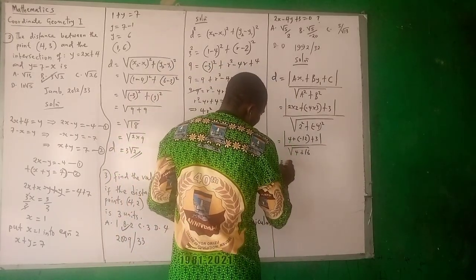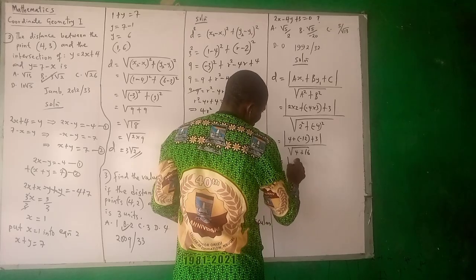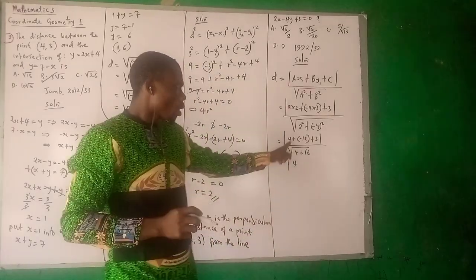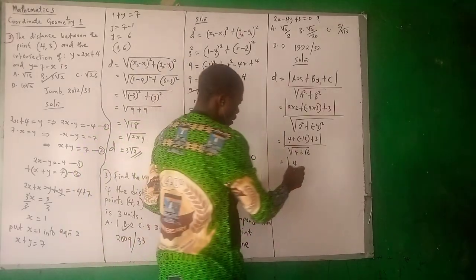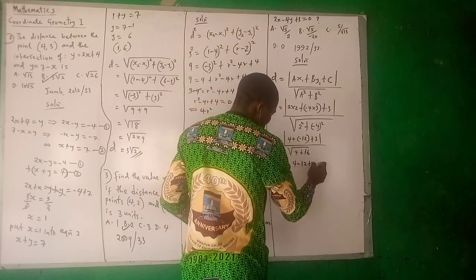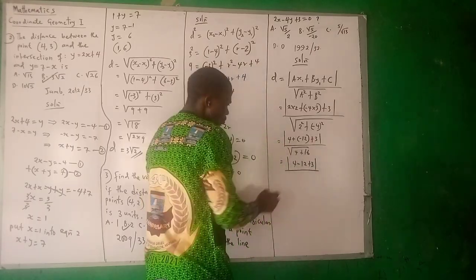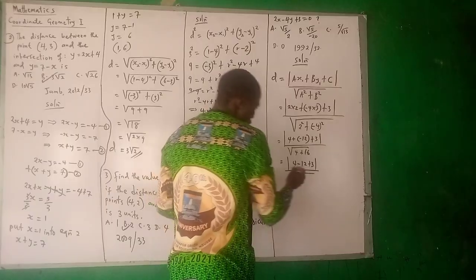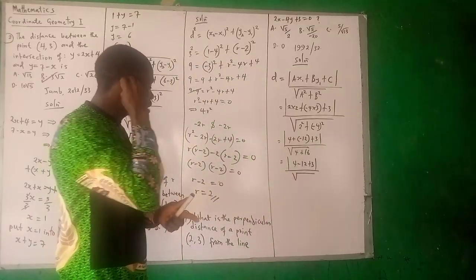Alright, and that will be the absolute value of 4 plus, times minus is minus, 12, plus 3, then over the square root of 4 plus 16, which is 20.